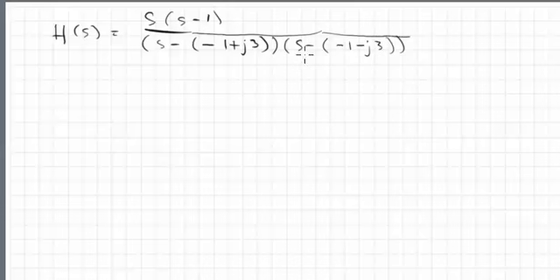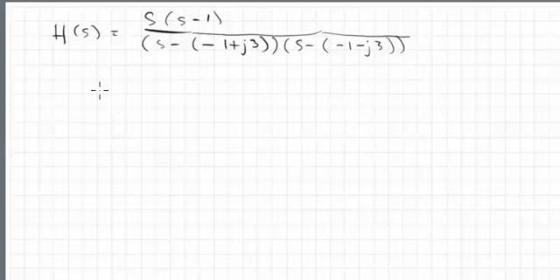Remember that there's the first pole and there's the second pole. They're complex conjugate pairs. That will always be the case if you have a real system. And the two zeros are at s equals 0 and s equals 1.